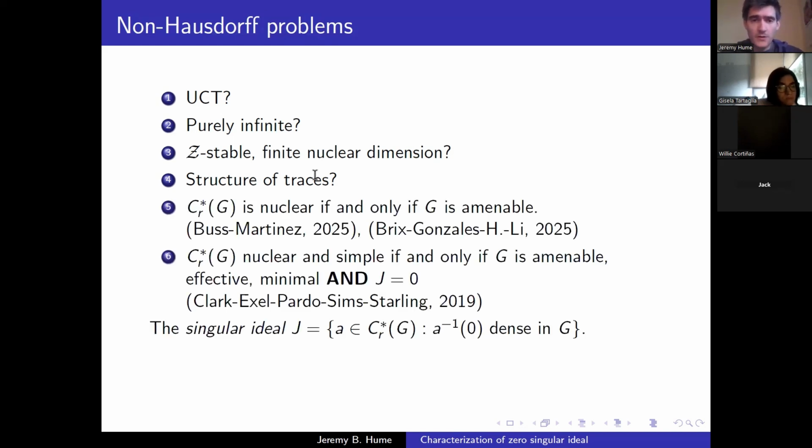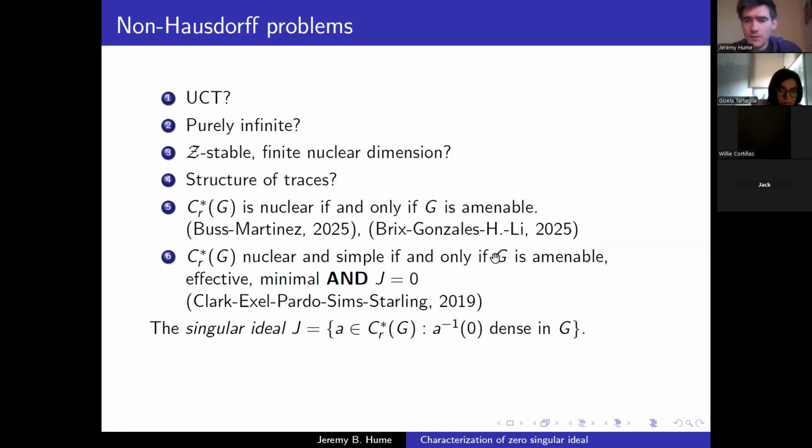A couple of things are known just this year. Nuclearity of the groupoid C-star algebra was characterized in terms of an amenability property of G. This was first done by Buss and Martinez this year, and then later this year, me and some co-authors gave a different proof using a different approach. And in 2019, it was characterized when a groupoid C-star algebra is nuclear and simple.